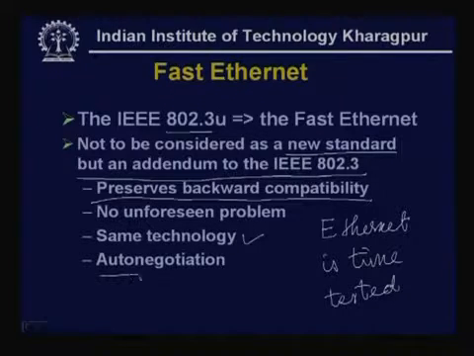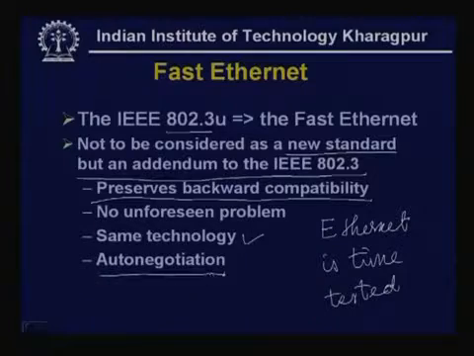One of them is auto negotiation. That means network interface cards were provided with some additional functionalities. One is auto negotiation, so that it is backward compatible with Ethernet. With the help of auto negotiation, one can decide whether it will operate at 10 megabits or at 100 megabits. That means a particular network interface card can support both 10 as well as 100 megabits.